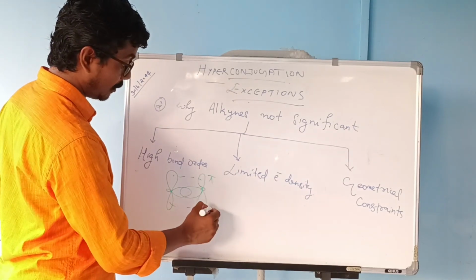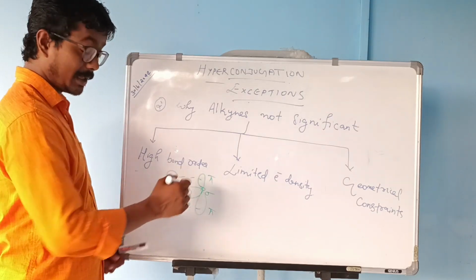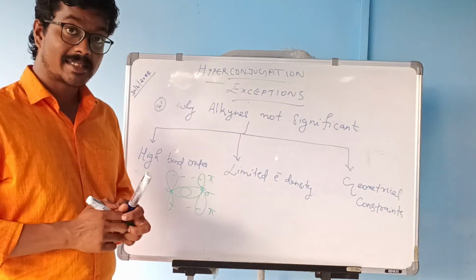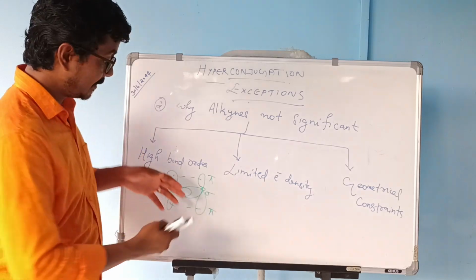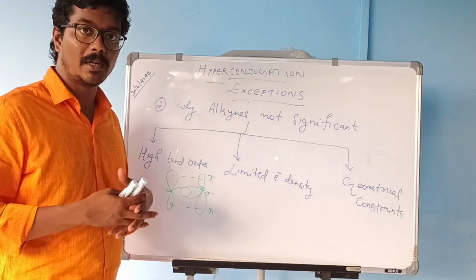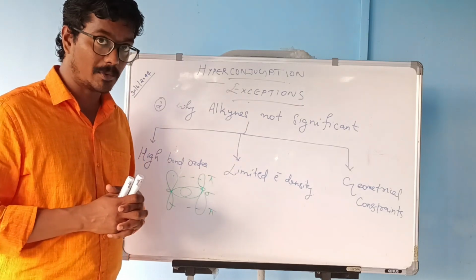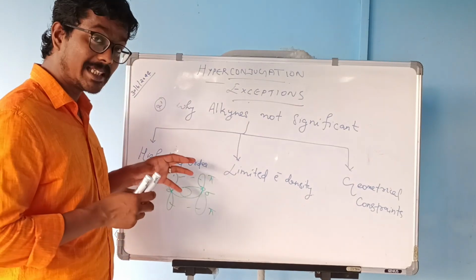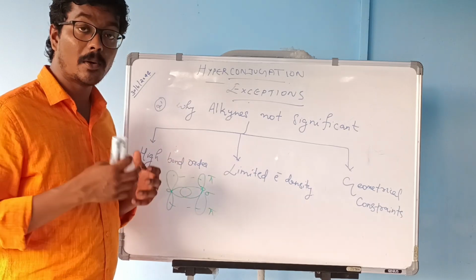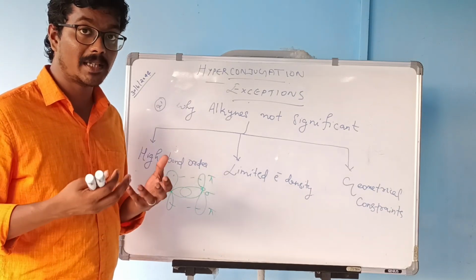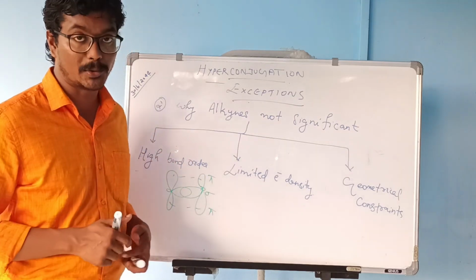So this is a pi bond, this is a pi bond and a sigma bond, right? The side to side overlap of the pi bonds makes the sigma bond stronger and more localized. Due to this triple bond structure, the sigma electrons are more localized and hence not available for participating in hyperconjugation due to this high bond order.